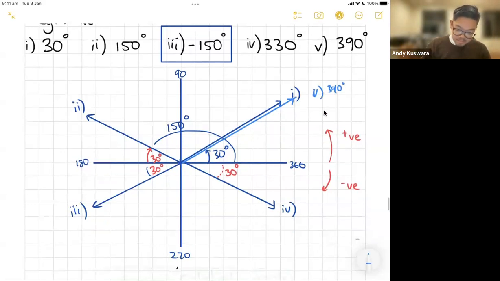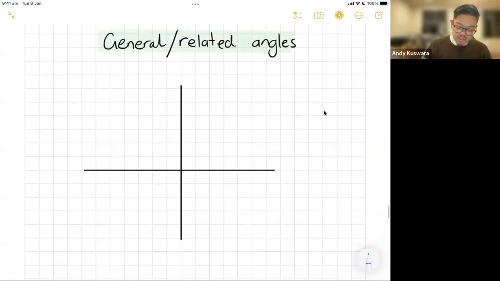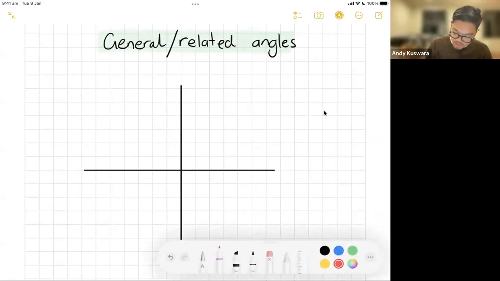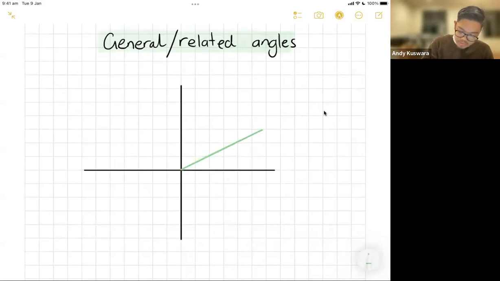Now, all of that is going to get to this. There's an idea here that there's general or related angles. Okay, so it's not always going to work, but let's say, for example, I call this angle theta. It's going to relate again in the second quadrant, in the third quadrant, and in the fourth quadrant. Sorry about the dog.